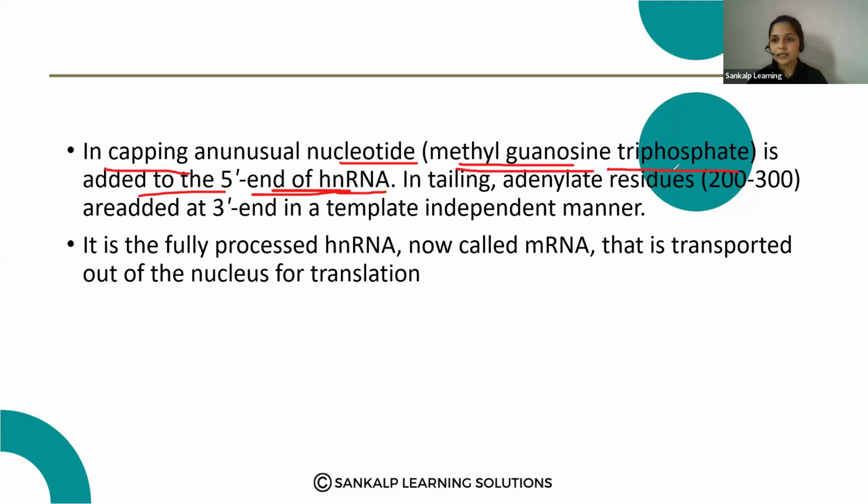Methyl guanosine triphosphate is added at the 5 prime end of the hnRNA. And what is tailing? Tailing is the addition of adenylate residues, 200 to 300, at the 3 prime end of the hnRNA. That is called capping and tailing. Why is it required?